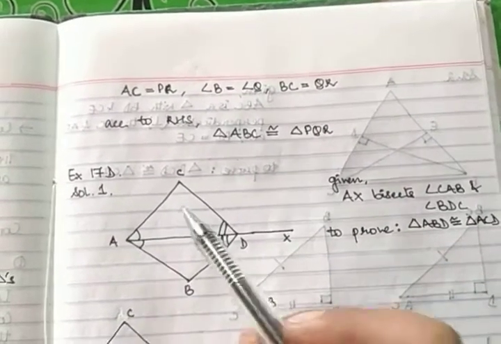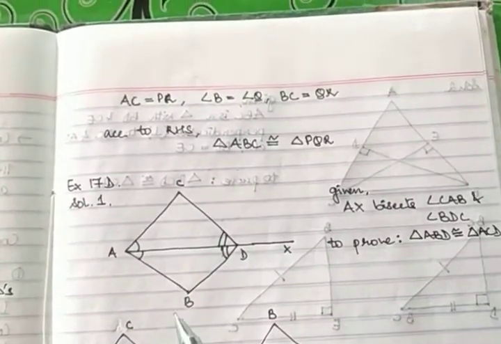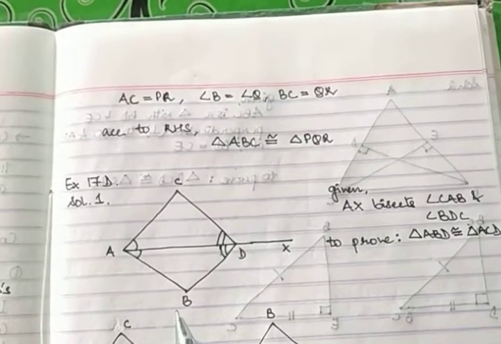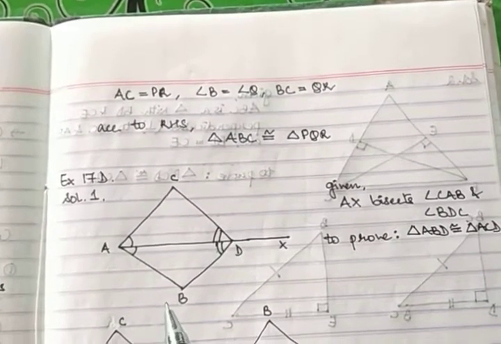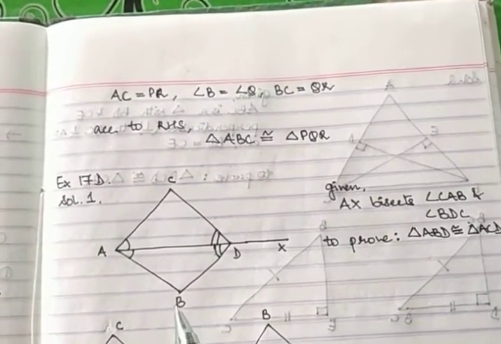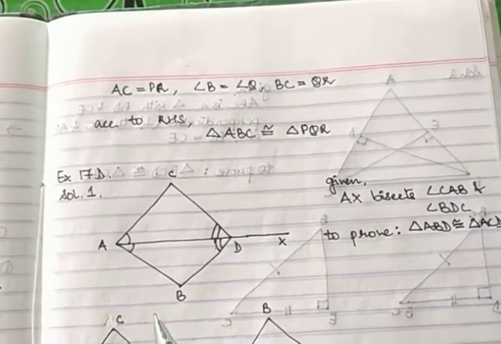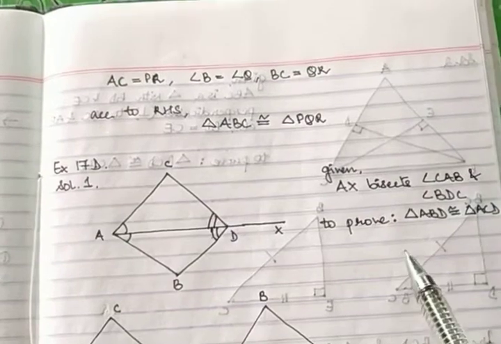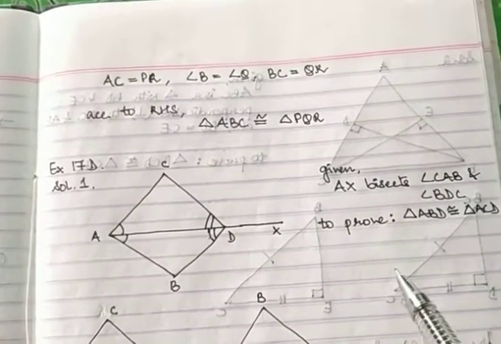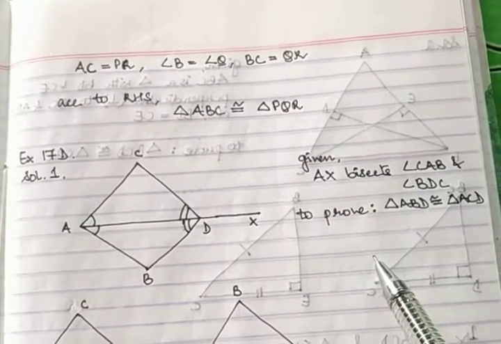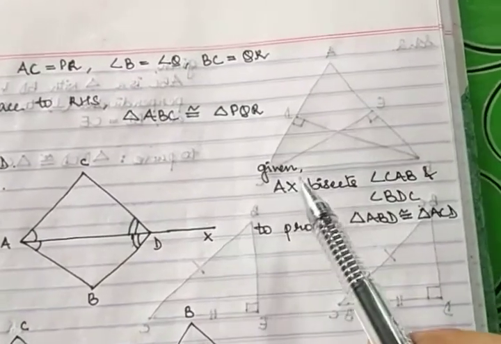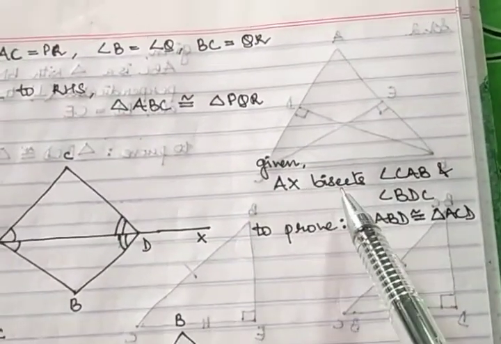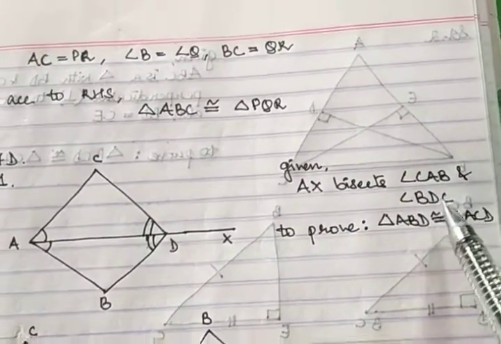So, as I have already told you, while you are encountering a geometric sum with a figure, you need to first draw the figure on your answer sheet or your copy. Then you need to write the given part, as well as what you are supposed to do with your sum. So that is what I have written. See, given AX bisects angle CAB and angle CBD.